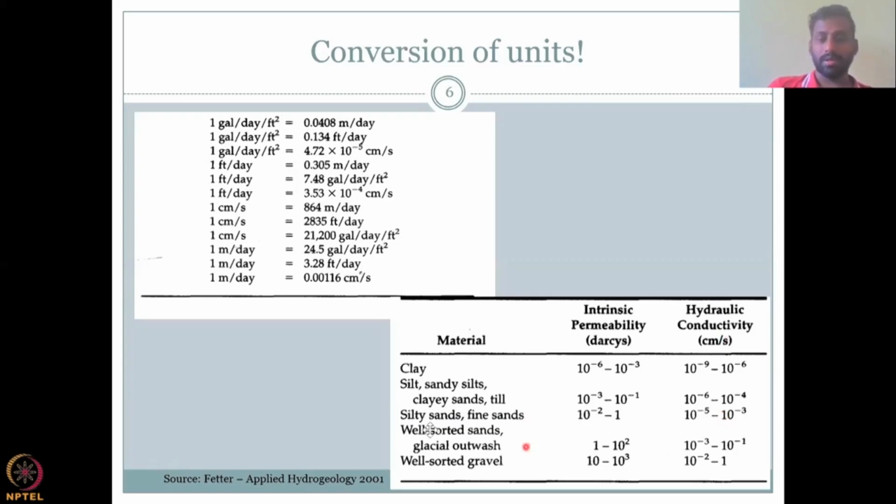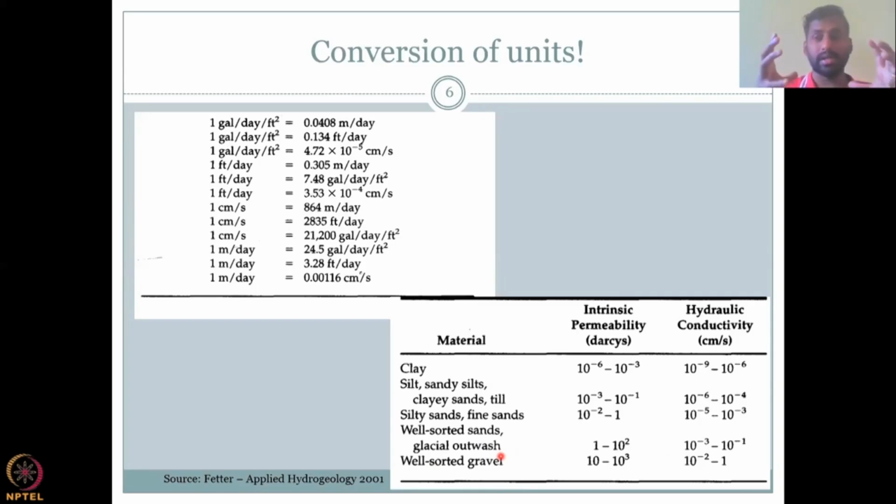Okay. And then when you go to well sorted sands, glacial outwash, which is the deposit by snow melt, and well sorted means that the particles are well sorted, with good space in between, then your hydraulic conductivity increases. So the highest, at least in this data set, is the well sorted gravel.